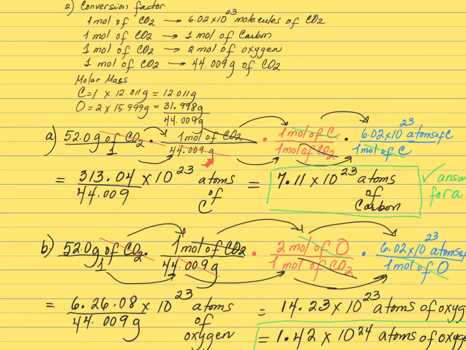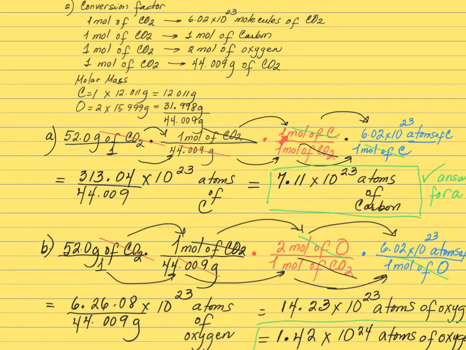And what is the only conversion factor that has grams involved? Molar mass. So I'm going to start with my molar mass. Grams in the denominator, so in 1 mole of carbon dioxide, I have my molar mass. When I cancel the grams, I am left with moles of carbon dioxide, but I don't want that. I want atoms of carbon. In 1 mole of carbon dioxide, how many moles of carbon do I have?